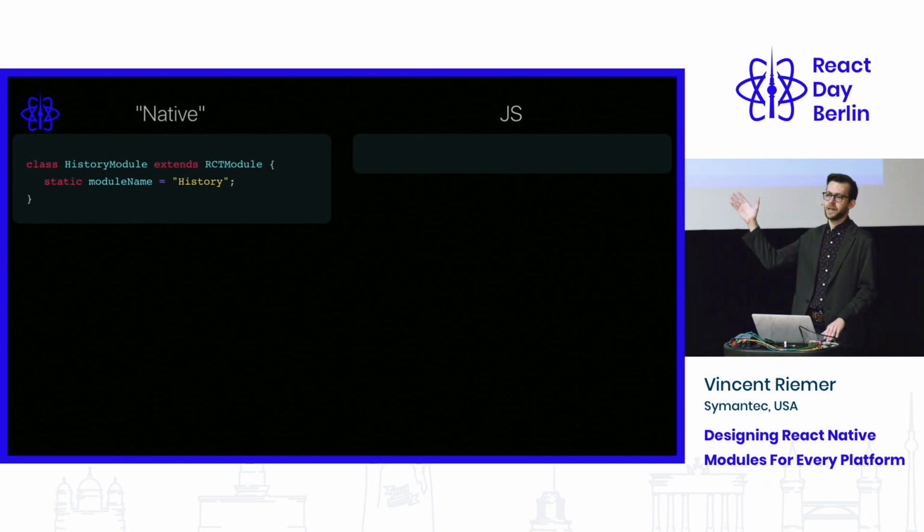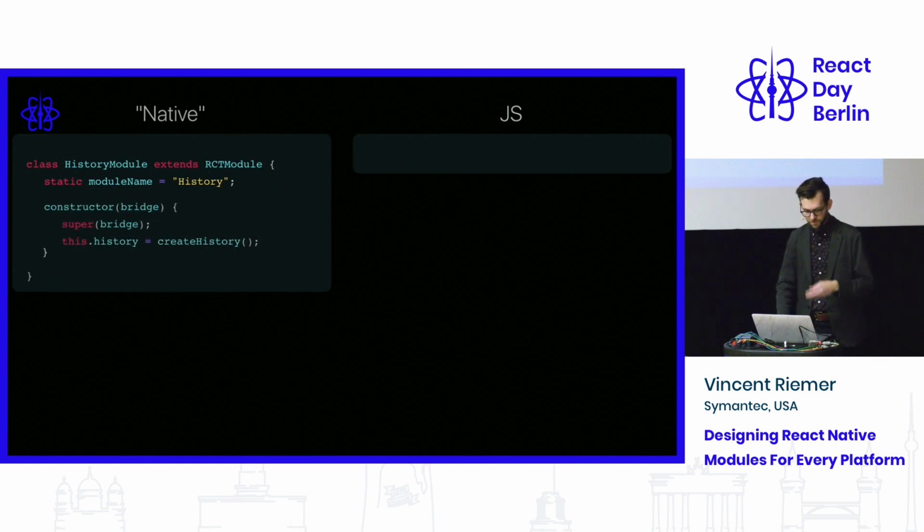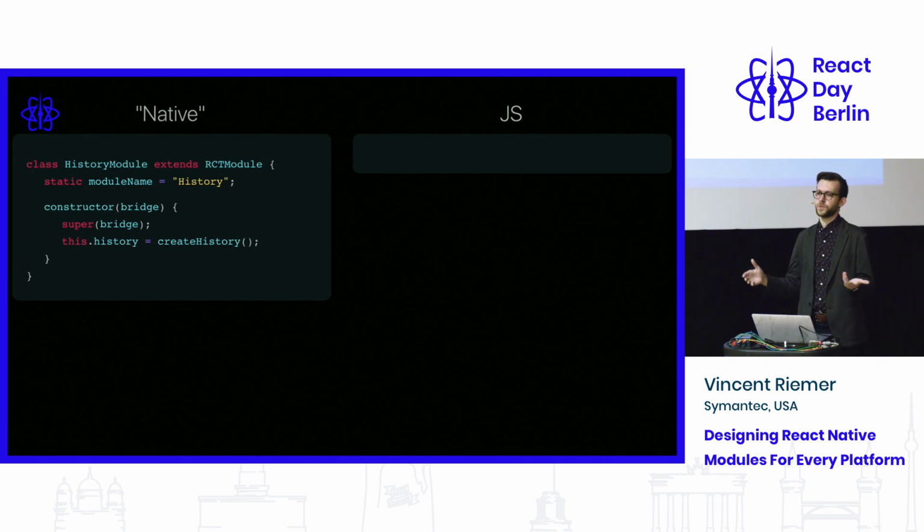We want to expose that to React Native, and we define a history module and give it a name. Ignoring the plumbing needed to get this over the bridge, this is the rough boilerplate for setting up a native module. Then we initialize it, creating the history stack using the history module from NPM.